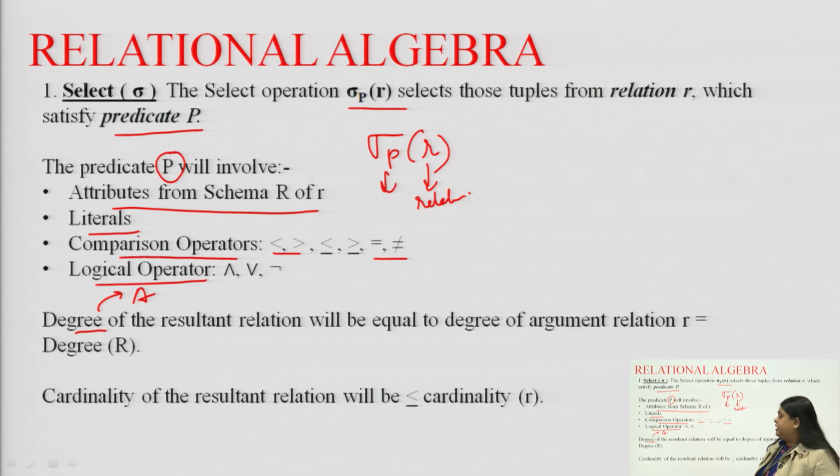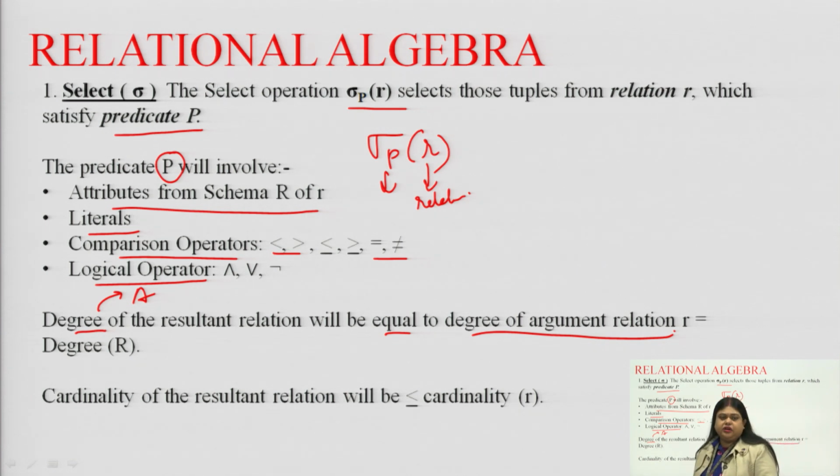So, the degree of the resultant relation will be equal to the degree of the argument relation R. That means, whatever result you get, the number of attributes will remain the same as in the parent relation, right. So, the degree does not change when we apply a select operation, but the cardinality does.